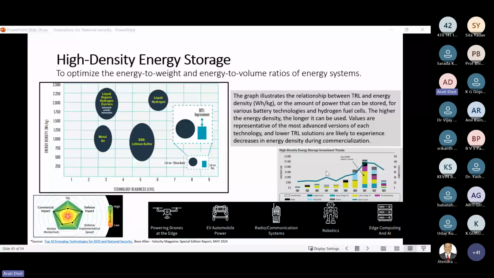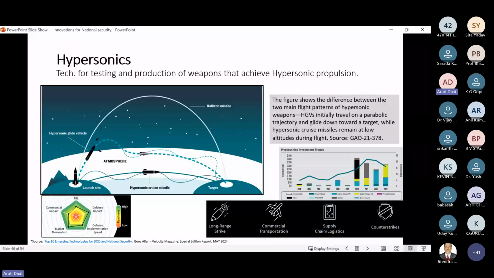The next one is hypersonics, technology for testing and production of weapons that achieve hypersonic propulsion. So hypersonic propulsion is something that moves at 5 times the speed of sound, so that fast. On the diagram that we see here on the screen, we see 3 different kinds of movement.